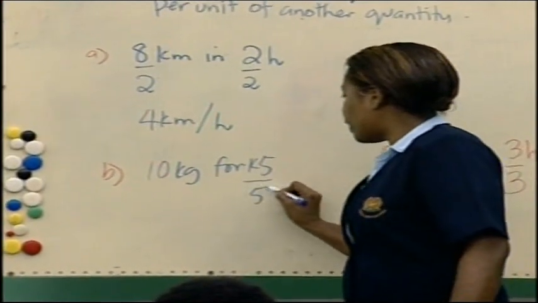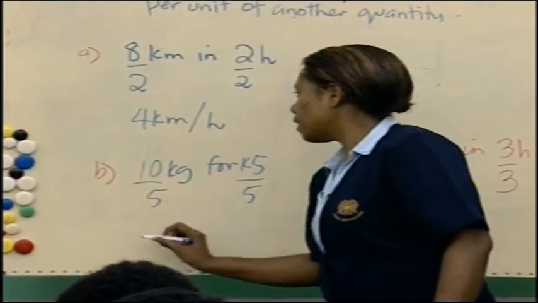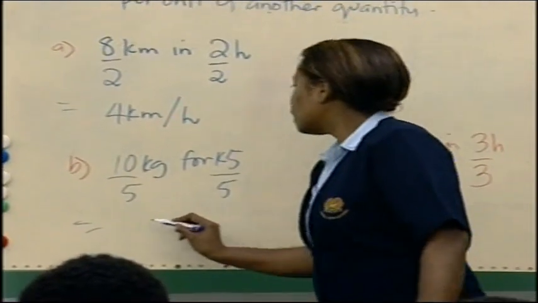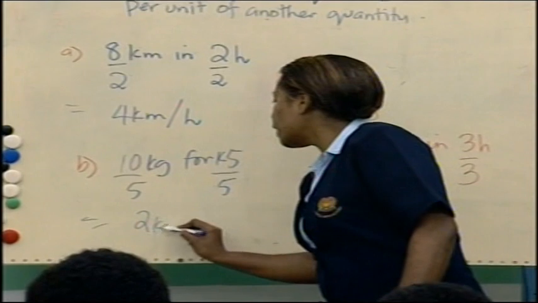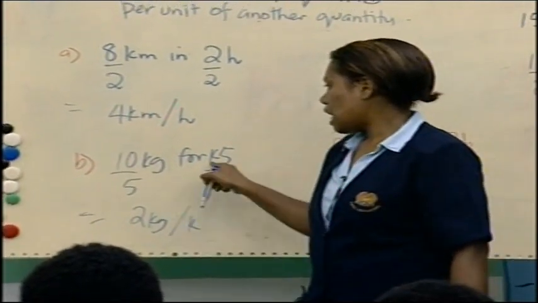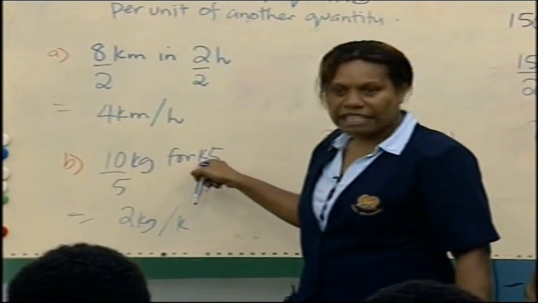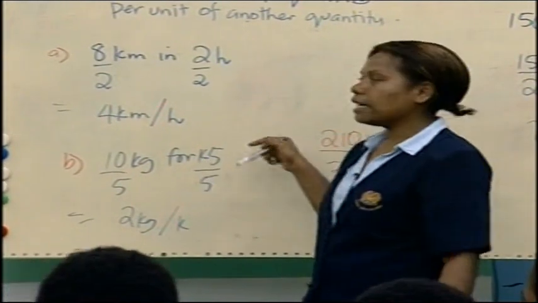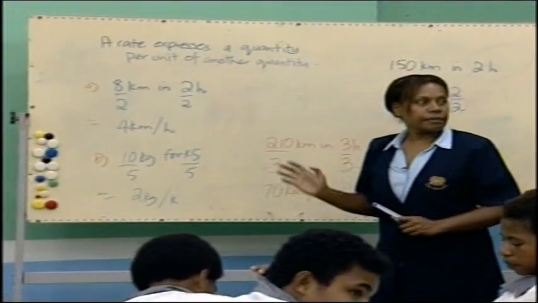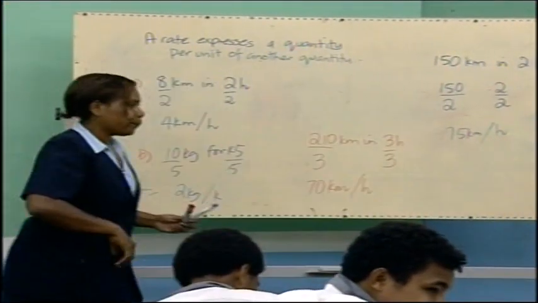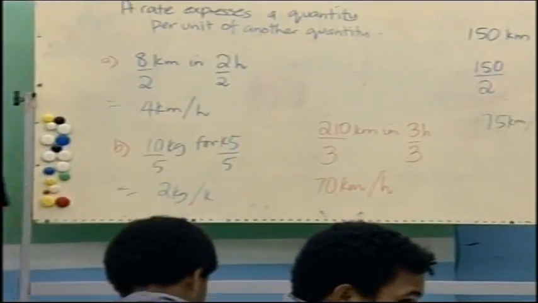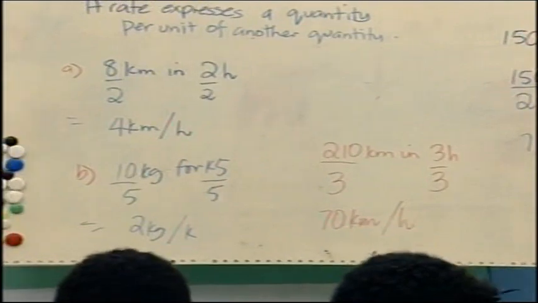So I divide by 5. 2 kilogram per kina. 2 kilograms per kina. Give yourself a tick, class, receiving students. All right, good. Now, next one.